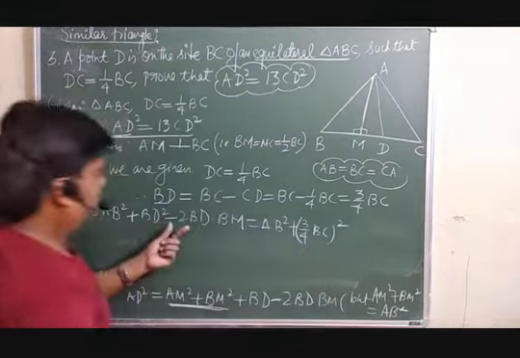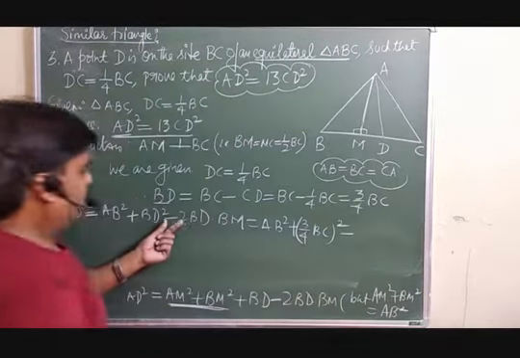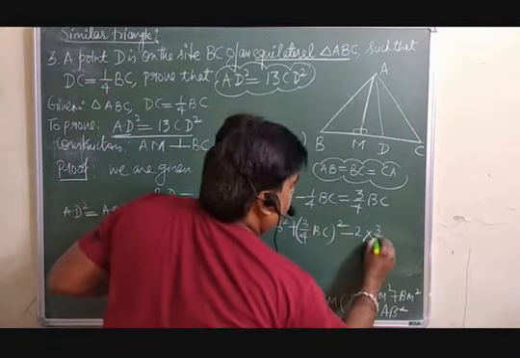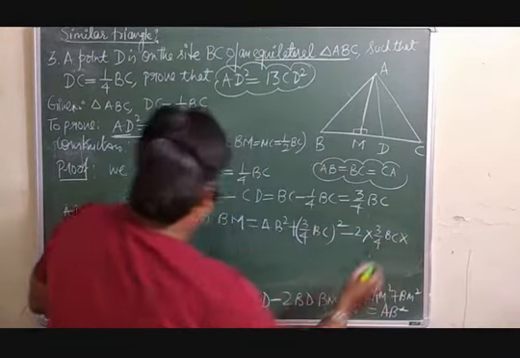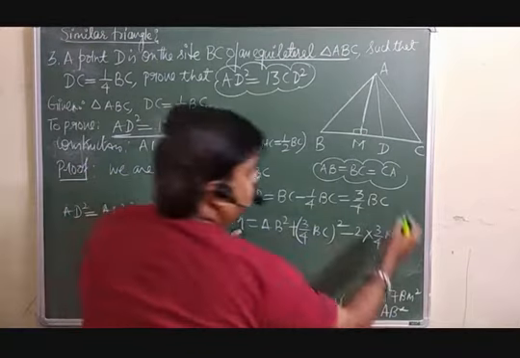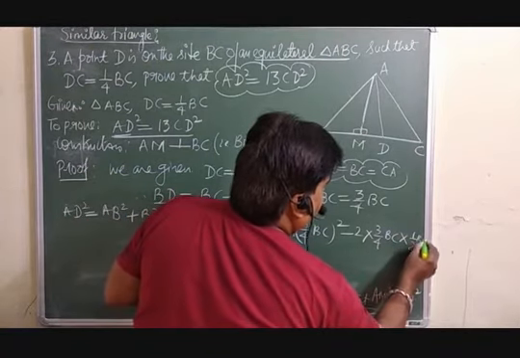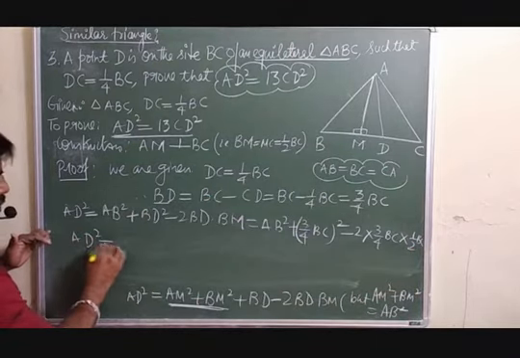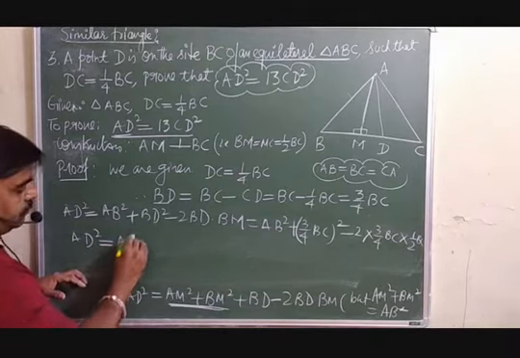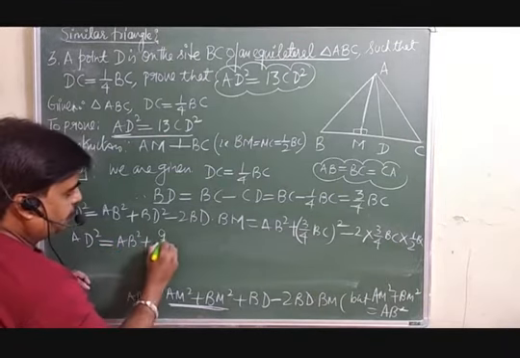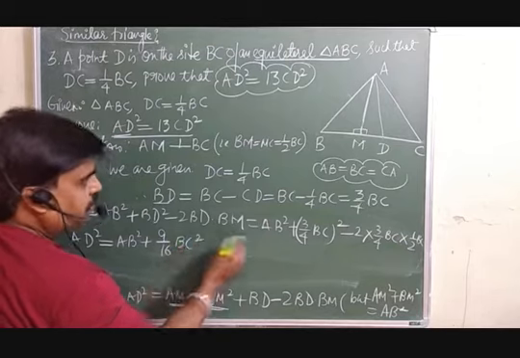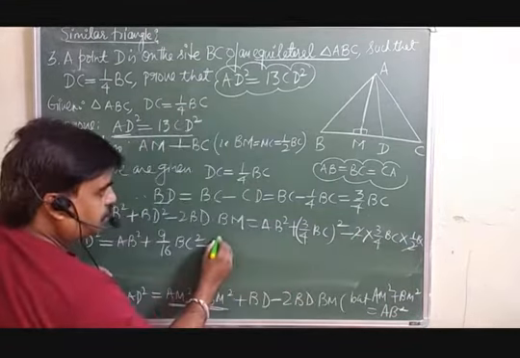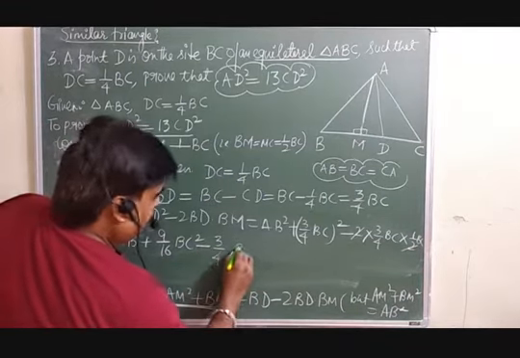Minus 2 into BD, which is 3 by 4 BC, into BM. BM is also equal to 1 by 2 BC. So here you get AD square is equal to AB square plus 9 over 16 BC square minus, since 2 and 2 cancel, 3 by 4 BC square.